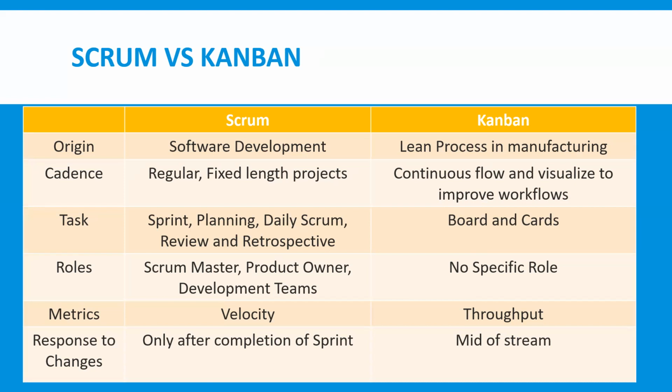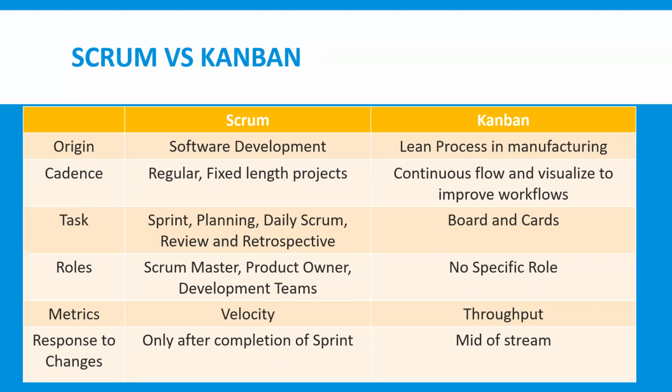But if continuous development, continuous enhancement, continuous bug fixes are happening, at that time we can visualize those things, put them on a visual board, improve the workflows, and take them forward until they get completed. There we can go for Kanban, where a continuous process flow should be implemented and followed up.